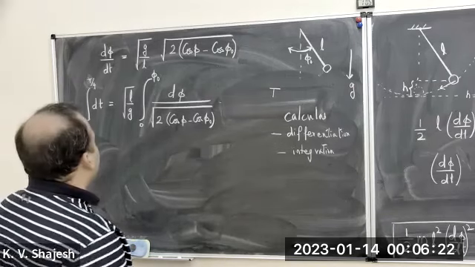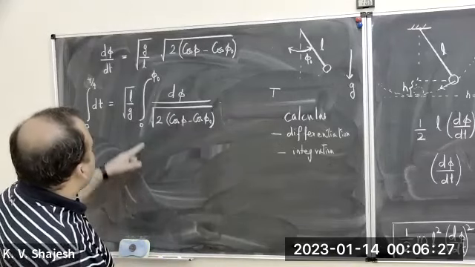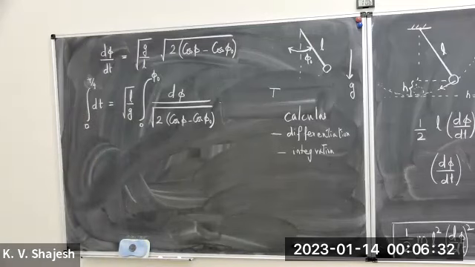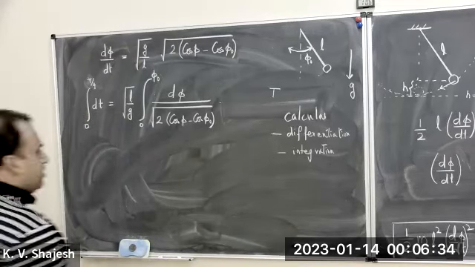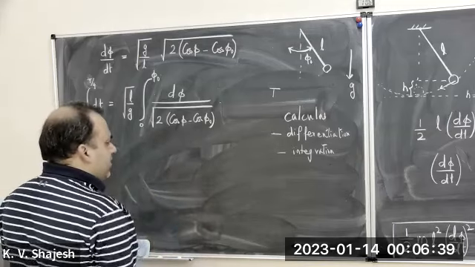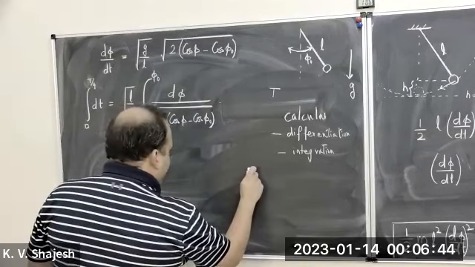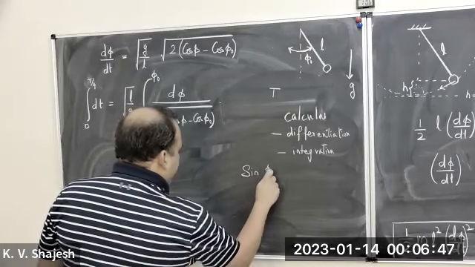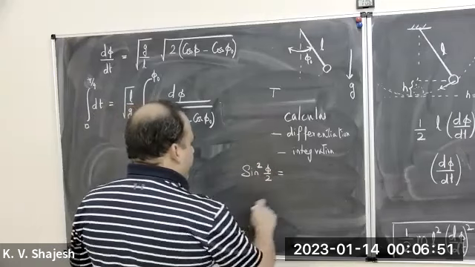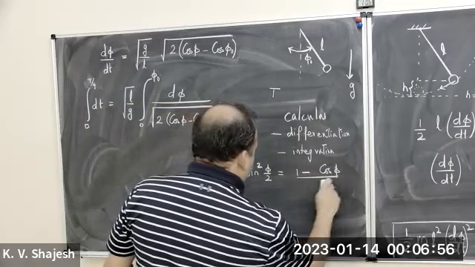Before I proceed from here, let me do a small manipulation that will be helpful when we are talking about the amplitude dependence. Remember that there is this double angle formula for cosine or sine. Sine square of phi by 2 is equal to 1 minus cosine of phi over 2.